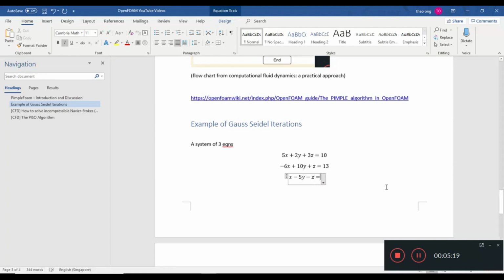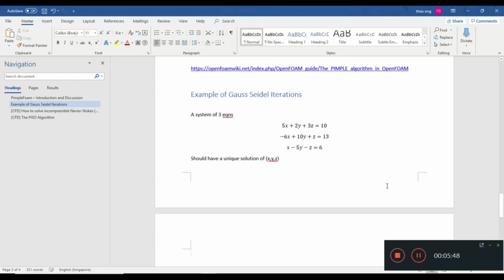I hope I'm not typing the same equation; this should have a unique solution of x, y, and z being certain values.